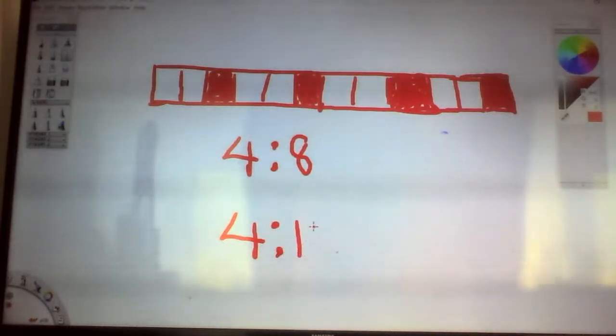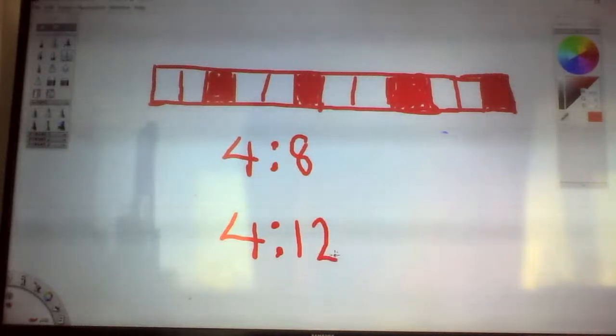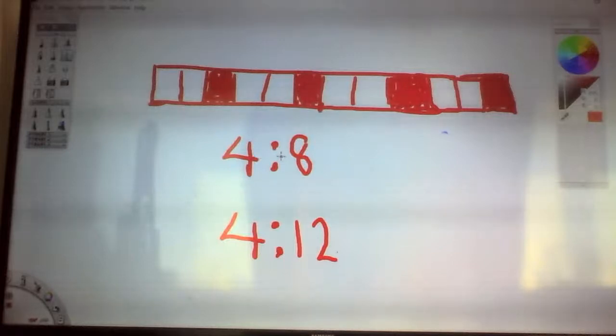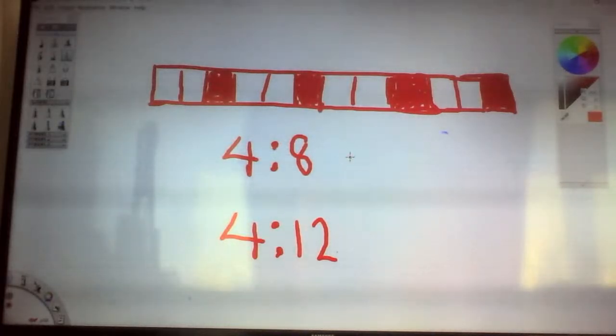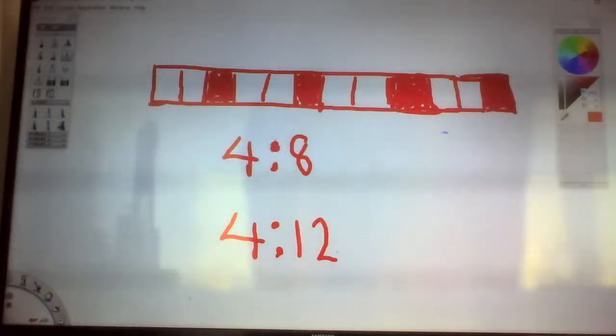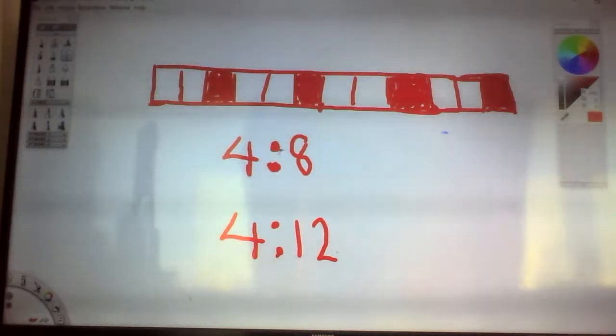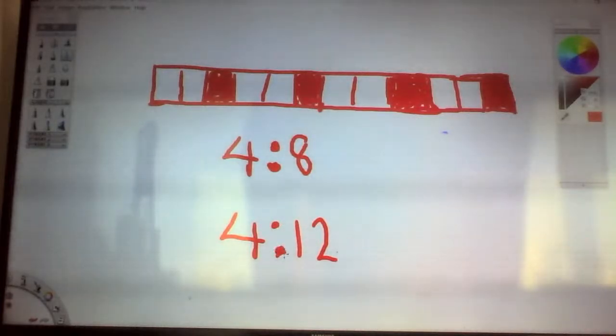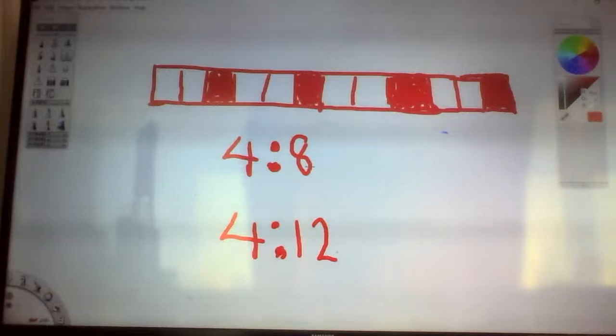Now, I just want you to know one key point. The key point is we can change this into a fraction. We can treat it like a fraction. Although it's not really an equal sign, 4 does not equal 8, you could almost imagine an equal sign, because you can do things like multiply both sides by 2, divide both sides by 4.